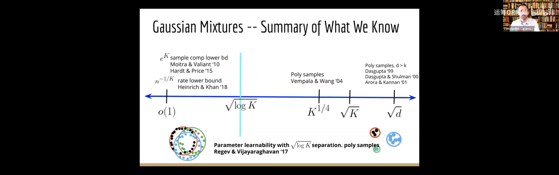They basically exhibit two distributions whose parameters have this required separation, but whose total variation distance is so small that distinguishing them as two different mixtures can't be done with a polynomial number of samples. So this line is essentially the demarcation between what is efficiently learnable and what is not.